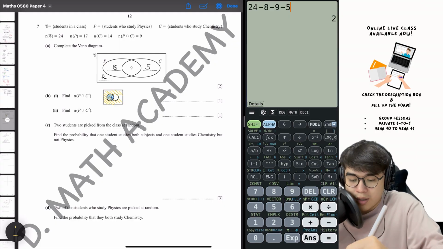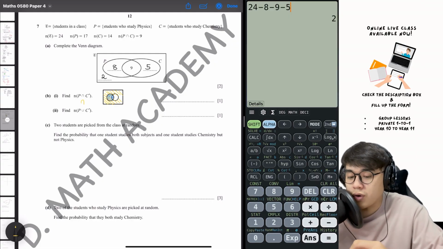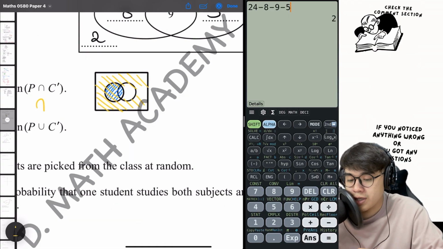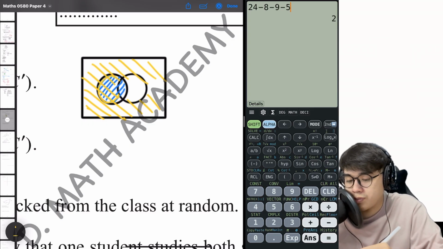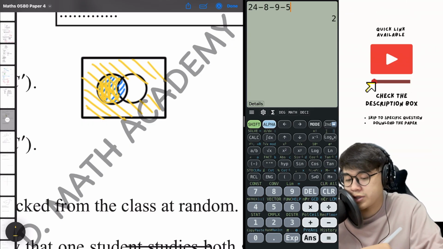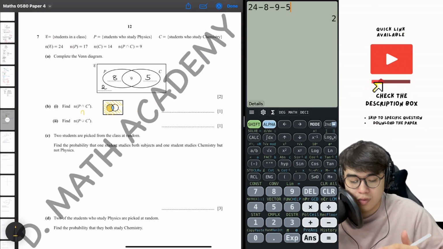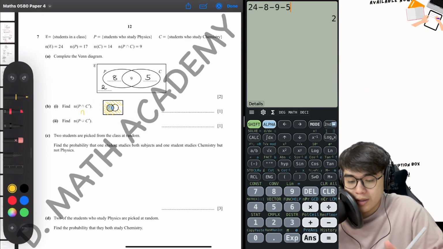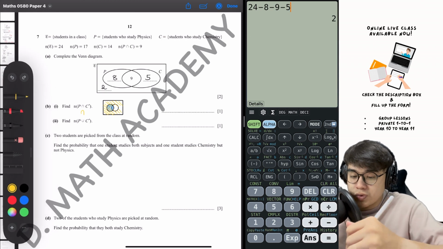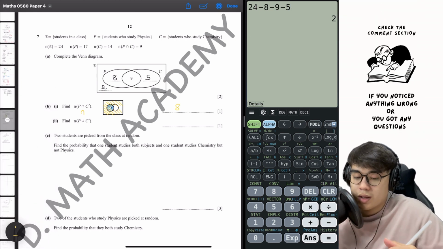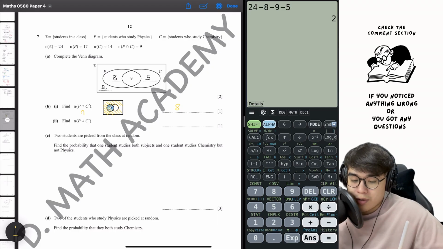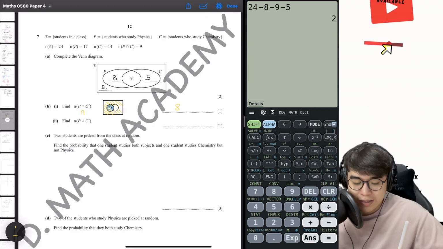Intersect means looking for the overlapping part. When I zoom in and check, the overlapping part will be this group only and nothing else. That's the physics only students, and apparently there's only 8 of them. So this will be your first part answer.